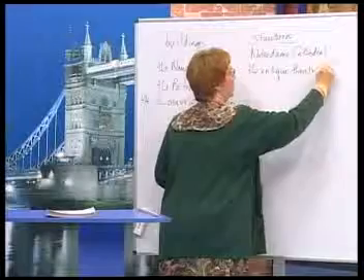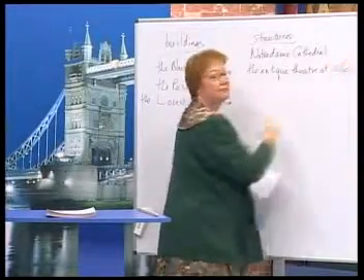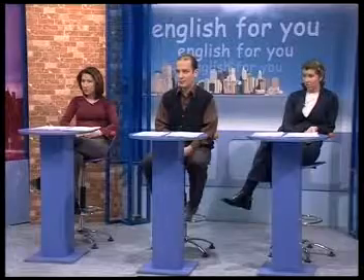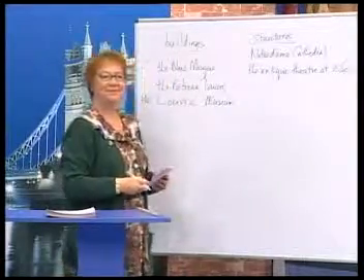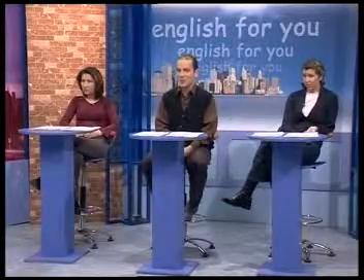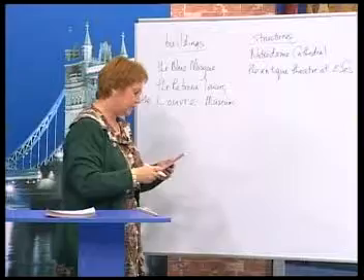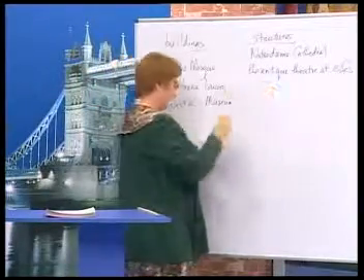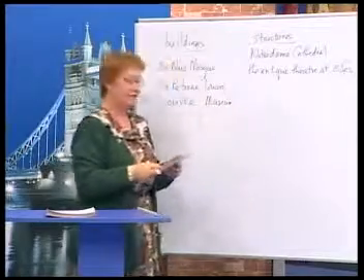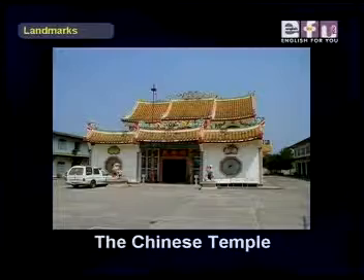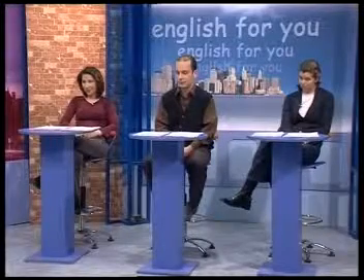Where's Efes? Efes is in Izmir. And where's Izmir? Izmir is in the western region of Turkey. So Efes is in Turkey. Okay, and Susan? The Chinese Temple. And where is the Chinese temple? It is in Malaysia. Yes, of course.